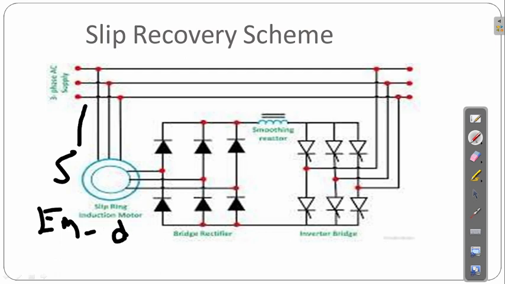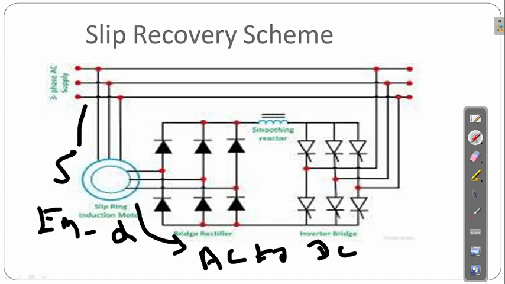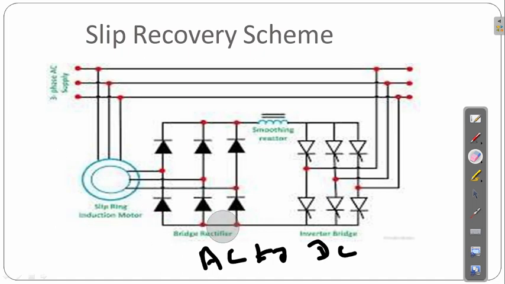So this rotor will get into the bridge rectifier. What is the work of the rectifier? It converts that AC to DC. Here the conversion of AC to DC is taking place in that bridge rectifier.